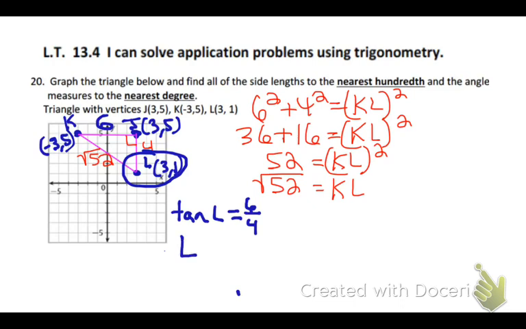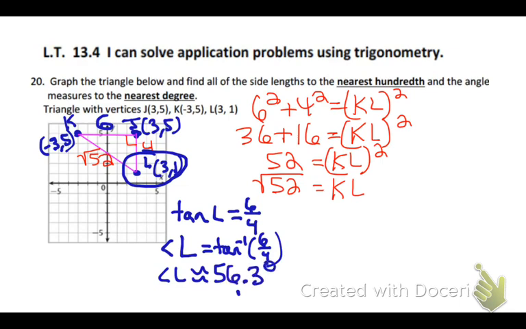And that means to find the angle L, we use inverse tangent, because remember how we do the inverse to figure out the angle? So angle L is about, and then we can just do that on the calculator. Inverse tangent of 6 divided by 4, and that's about 56.3 degrees.